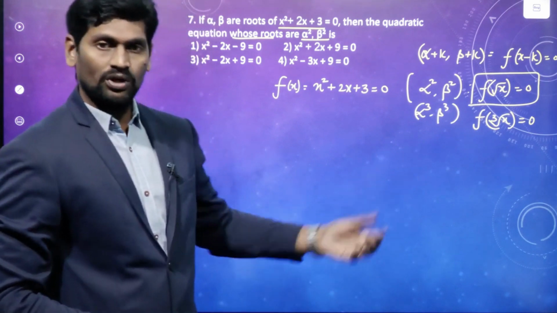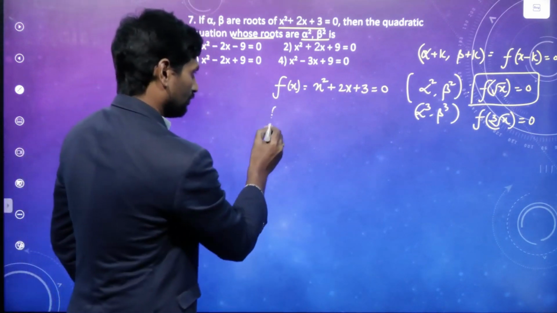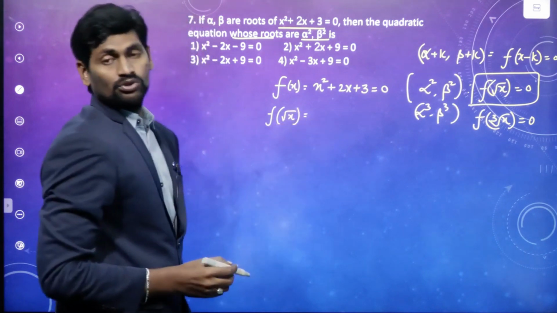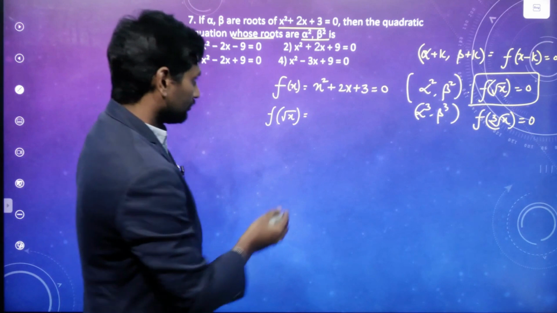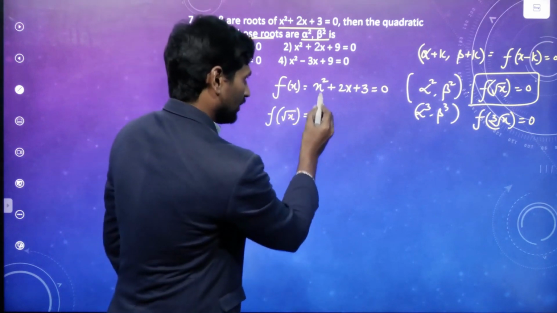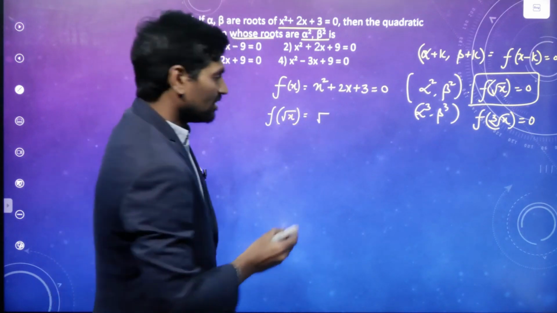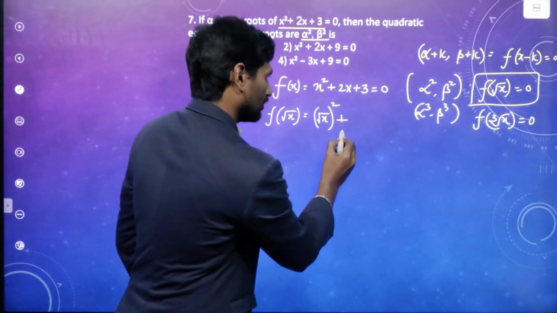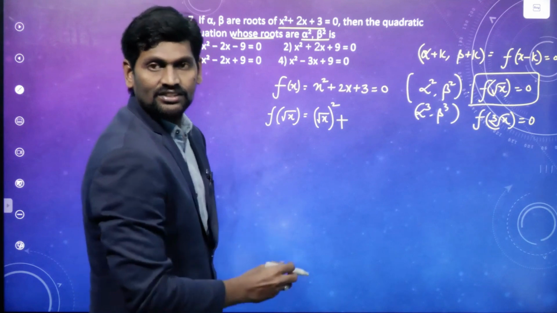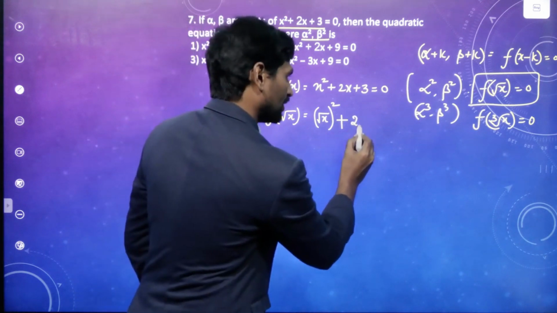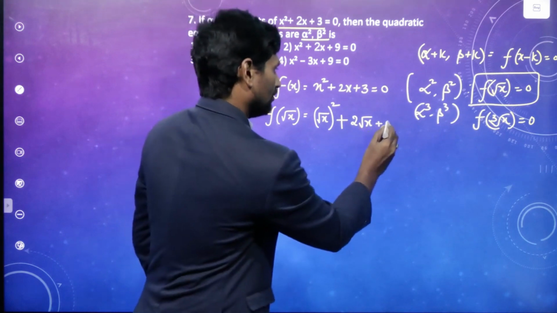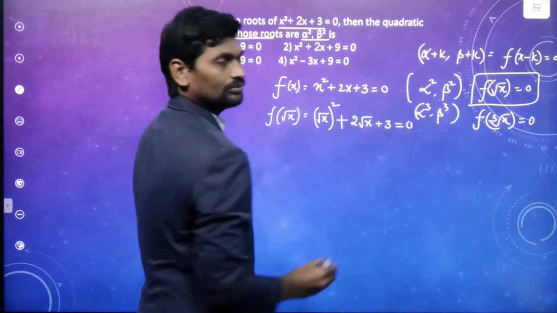Now we need to find out the value of f of square root of x. That means in the place of x, we need to substitute root x. In the place of x, the first term is x square, so it is nothing but root x whole square, plus 2 into x, in the place of x we need to write root x, plus 3 equals to 0.